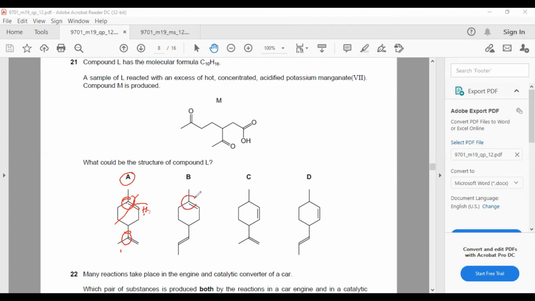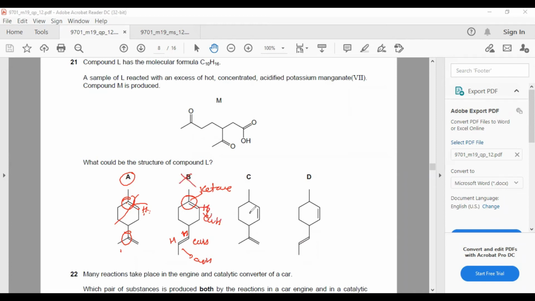Let's see why not B. This carbon has no hydrogen, so it will form ketone. But the other ketone is not there. This forms carboxylic acid because it has one H. If a double bonded carbon has one H, it will form carboxylic acid. This also has one H, and this also has one H, so they form carboxylic acid. Wrong.